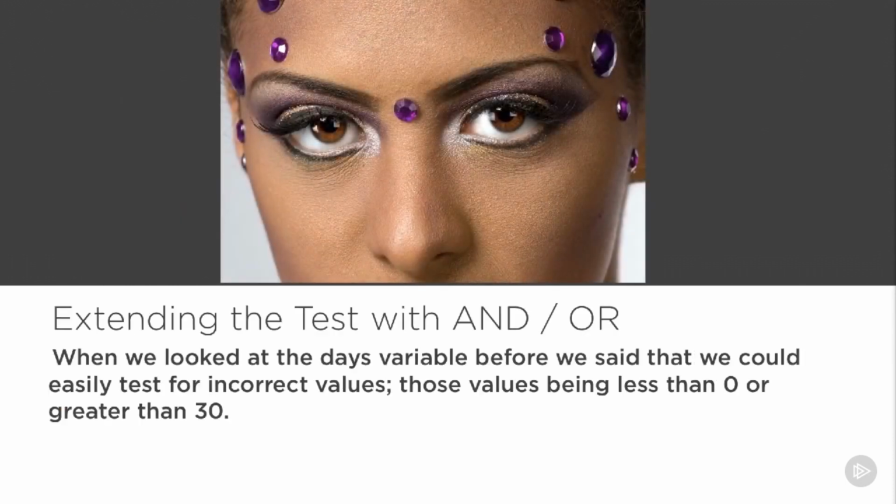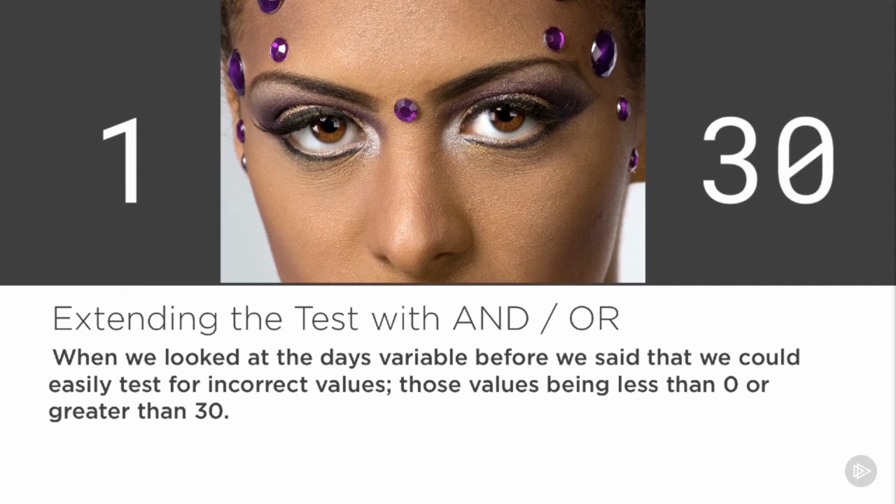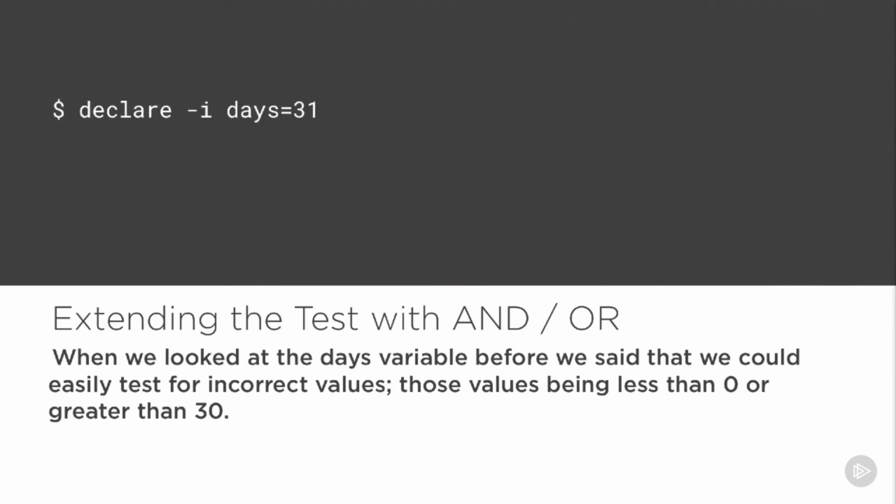Now, when we were looking at this variable, we were saying that we probably don't want a value less than 1, being 0, but we might also have a maximum value. Maybe we don't want a value greater than 30. Maybe it's a loan period and we shouldn't be lending out resources for more than 30 days.